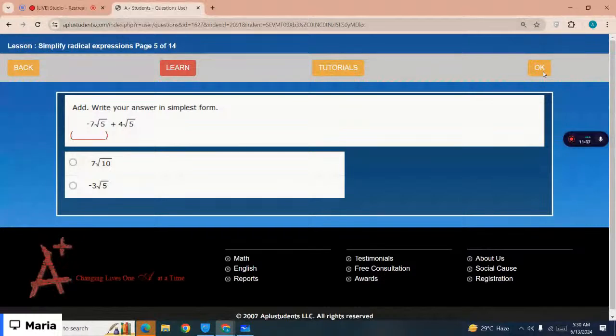The correct option is negative 3 square root 5. Option number 2 is the correct option.